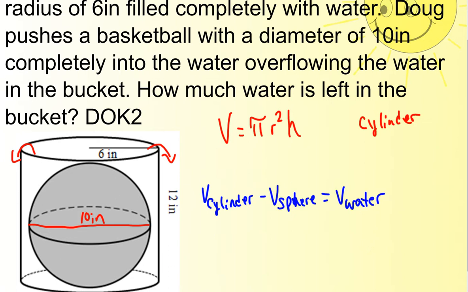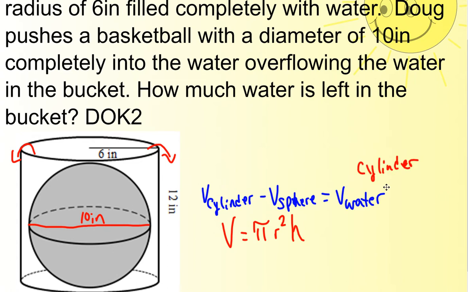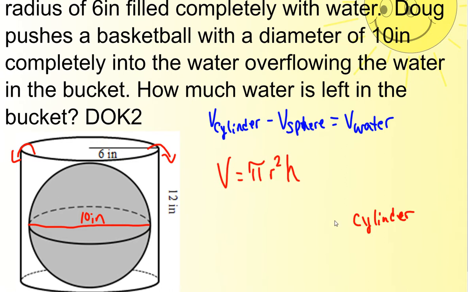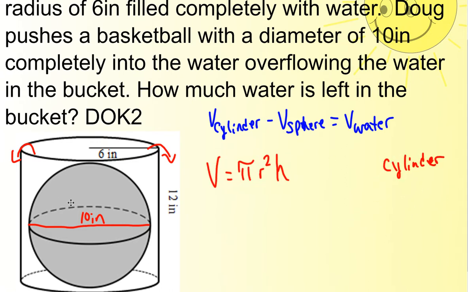Okay, so I'm going to rearrange a little bit here because this is my overall goal. If I can do this, this is the answer to the question. Now, that also means, do I know, just by looking at the picture, does it tell me anywhere the volume of the cylinder? No. We're going to find that out. Does it say anywhere in the problem the volume of the sphere?